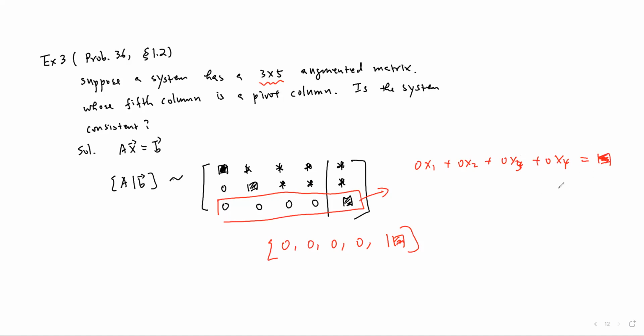You cannot make this equation true. The linear system has no solution. The answer to this question is inconsistent, no solution. This is example 3.